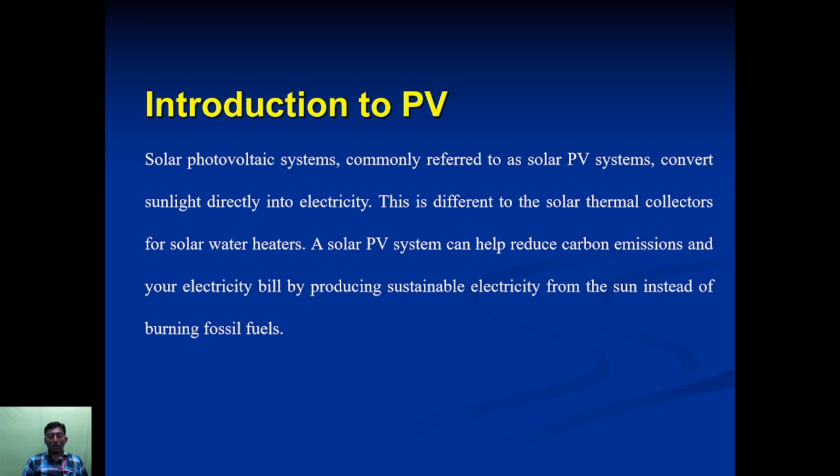The one and only successful alternative to fossil fuels is the solar PV system. Most importantly, it doesn't emit any GHG, greenhouse gases, or the carbon emission is very minimal or negligible.